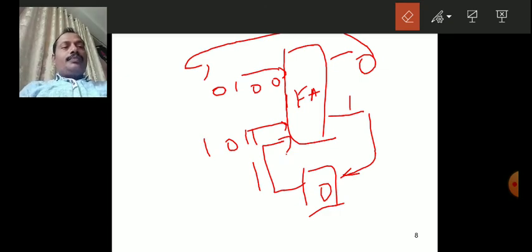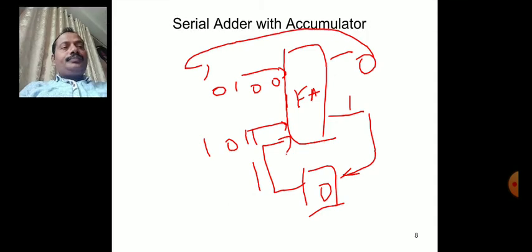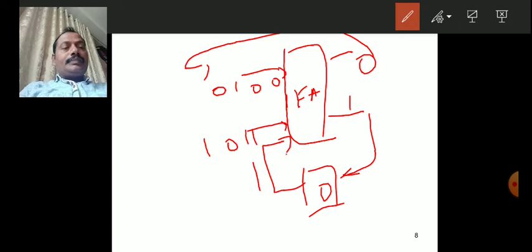So now observe here, the new bit patterns, 3 bits are available as input to the full adder as 0 1 1. X is 0, Y is 1, carry is 1. So the output is 0 plus 1 plus 1, which is 1 0.